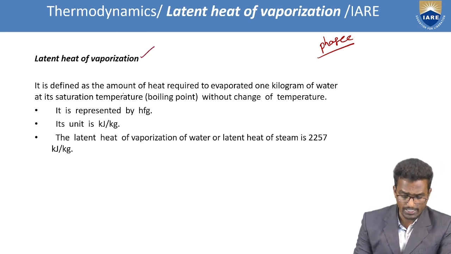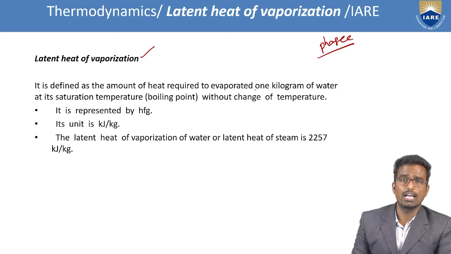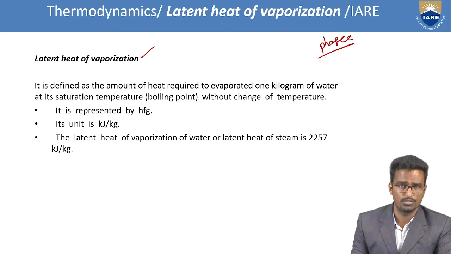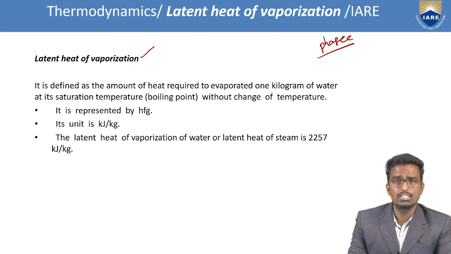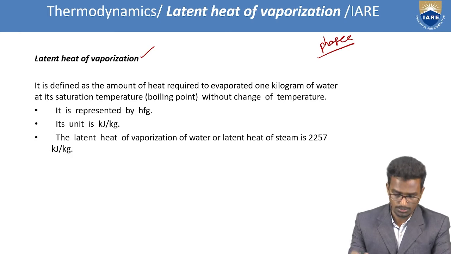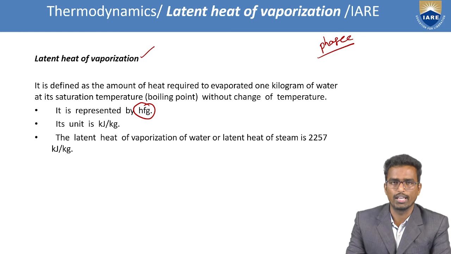It is defined as the amount of heat required to evaporate 1 kilogram of water at its saturation temperature or boiling point without change of temperature. We call this latent heat. It is represented by hfg, that is, enthalpy at fg, meaning fluid and gas condition, and its unit is kilojoule per kg.